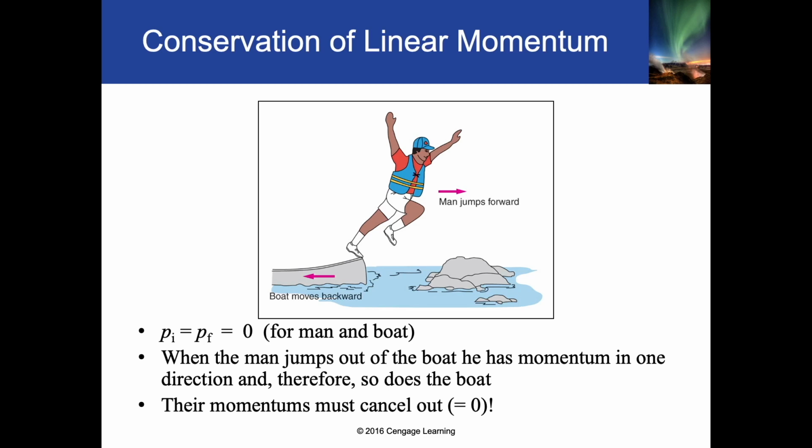So if we take a look at this guy here that's jumping off of this boat to the rocks, which I don't know if that's the safest thing to do, we have a conservation of linear momentum here. I've jumped off of many boats. I'm sure you have too. When you jump off a boat, you go forward. But what else happens? The boat goes backwards.